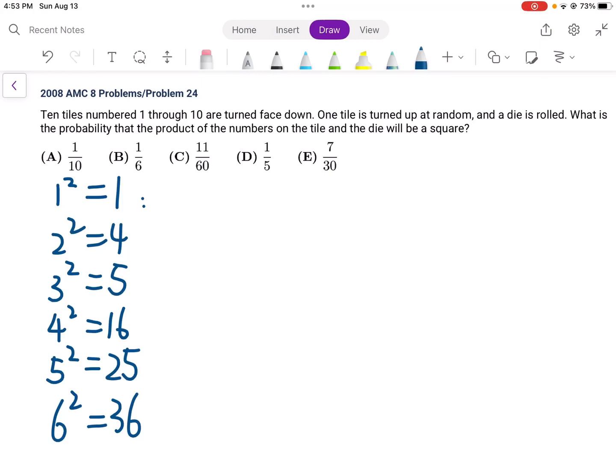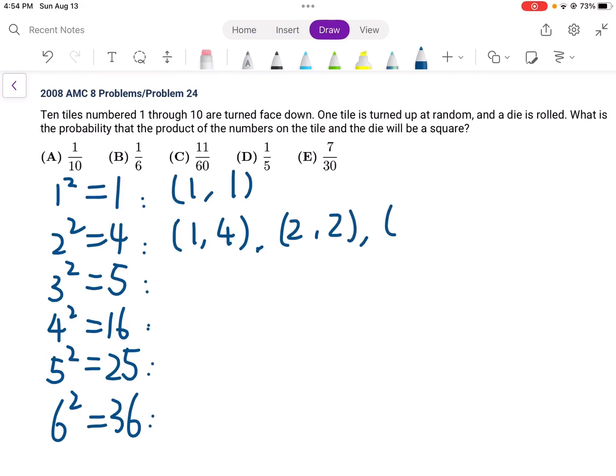Now for each of these squares, we look at what combinations from the tile and the die give that product. For 1, the tile has to be 1 and the die has to be 1. There's only one choice. For 4, the tile can be 1 and the die 4, or the tile 2 and the die 2, or the tile 4 and the die 1.